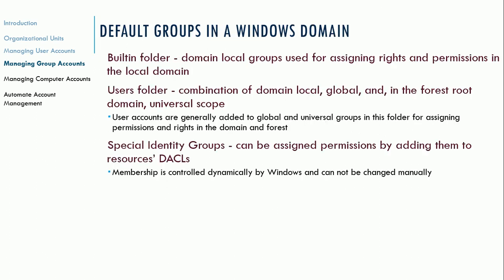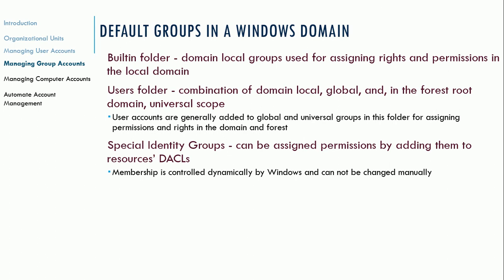The default groups in a Windows domain: you have a built-in folder which has all of your built-in or default groups, such as local admin. You have a users group, which is a combination of domain local, global, and the forest root domain and universal scope, and then specialty identity groups that can be assigned permissions by adding resources DACLs.